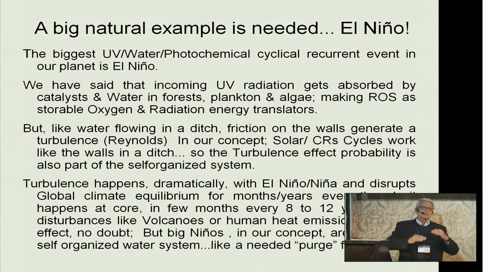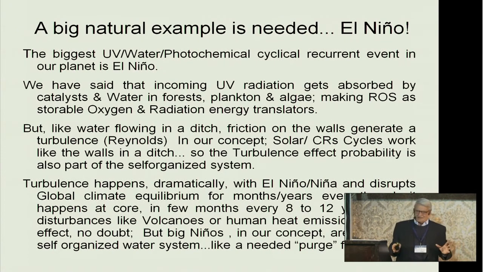This has a lot to do with ozone, the high and low UV, and that has a non-linear relationship with the solar activity or cosmic rays. It can happen in cycles of 7 years or 11 or 15 years.